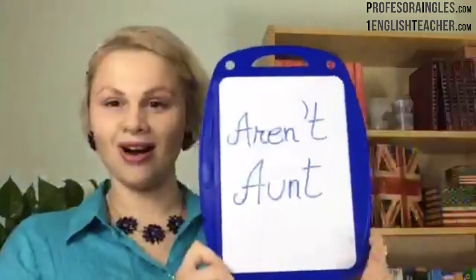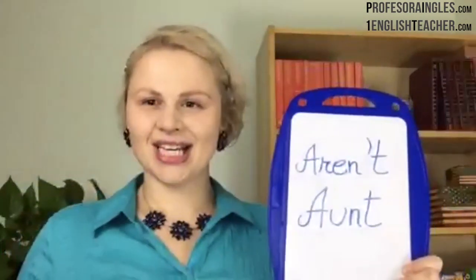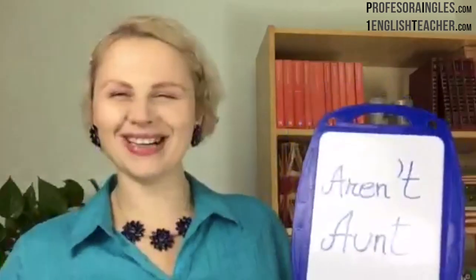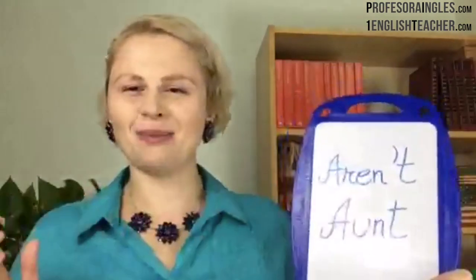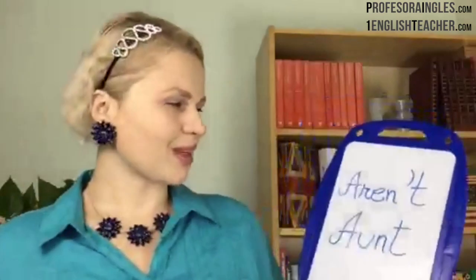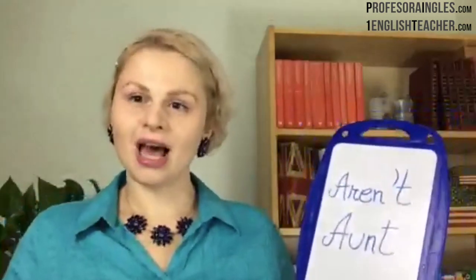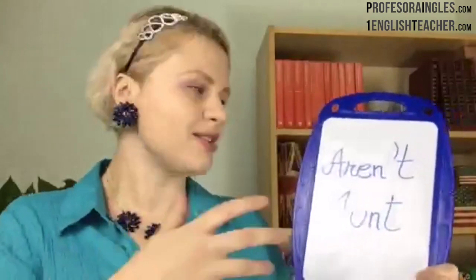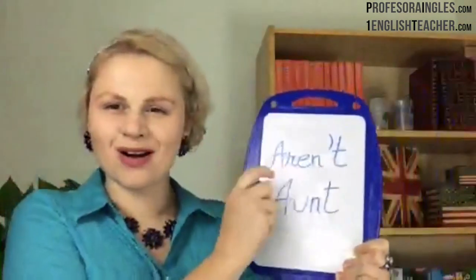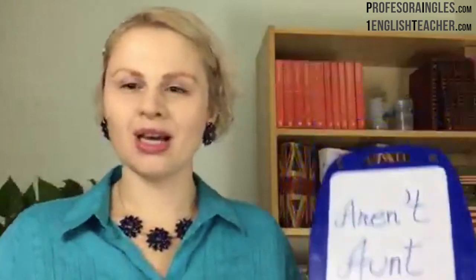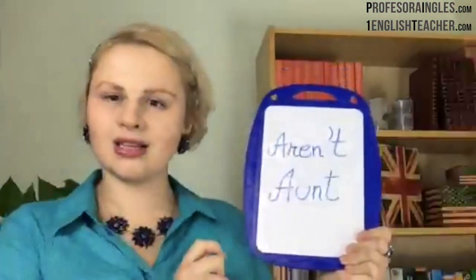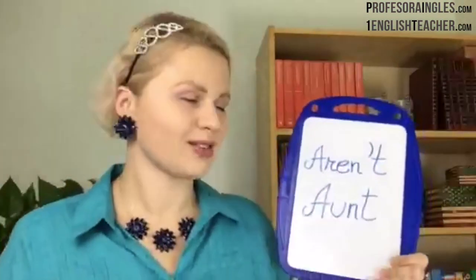So let's continue. Here we have aren't and aunt. Aren't, aunt. Exciting again. So okay, let me give you an example. They aren't happy, right? They are not happy. This is a contraction from are not. So they aren't happy, they aren't going to come, they are not. Yeah? And here, aunt, this is the mother of your cousins, okay?